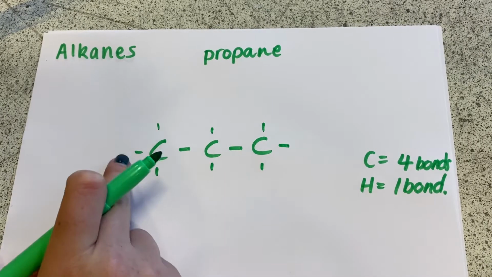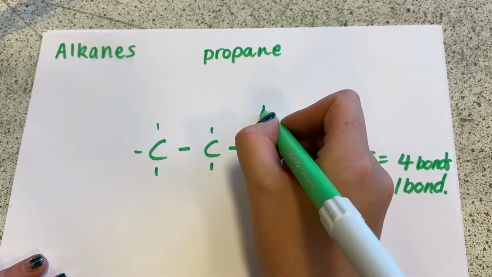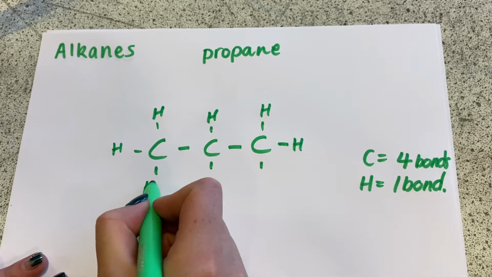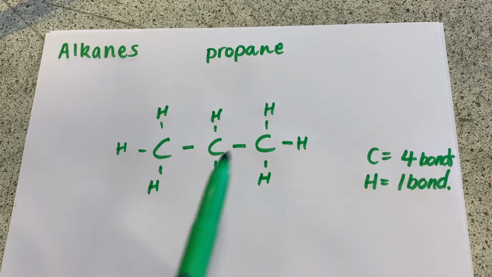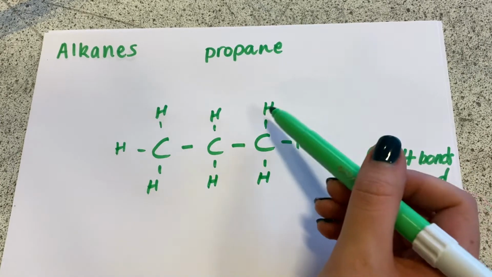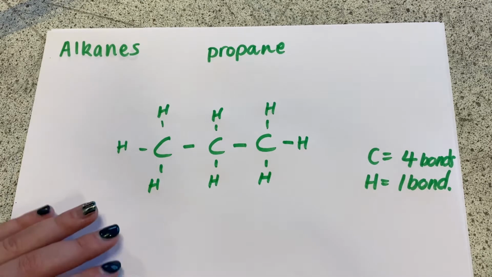Each of these little bonds is 1 bond, and you're going to bond this to a hydrogen each. Now every single carbon has 4 bonds, and every single hydrogen has 1 bond.